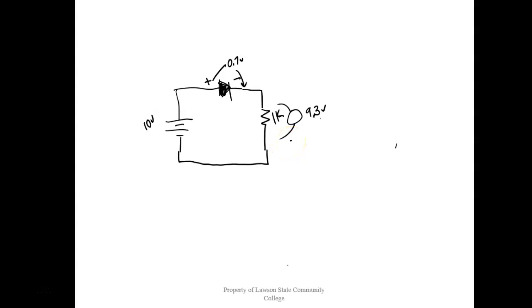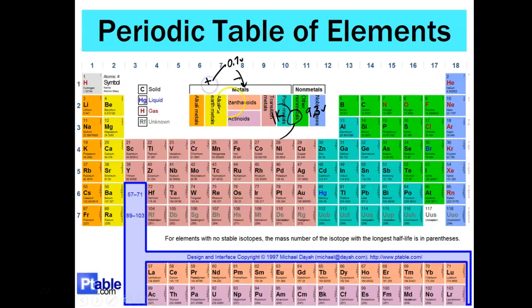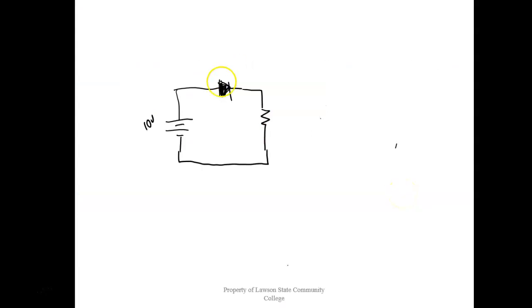By the way, when we put the positive toward the P and the negative toward the N, we refer to this as forward bias.